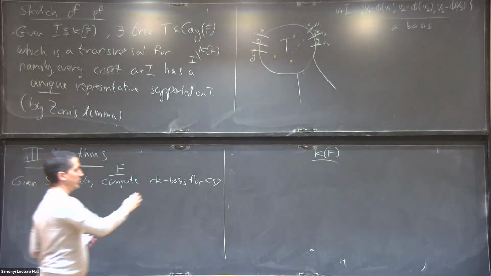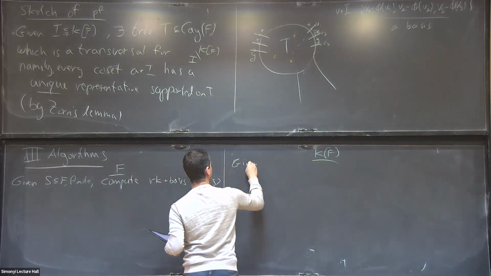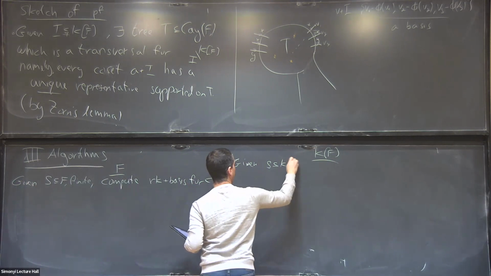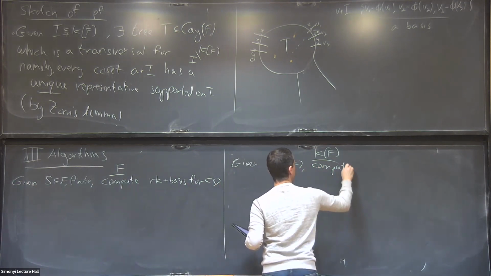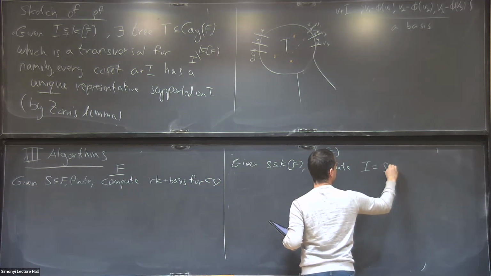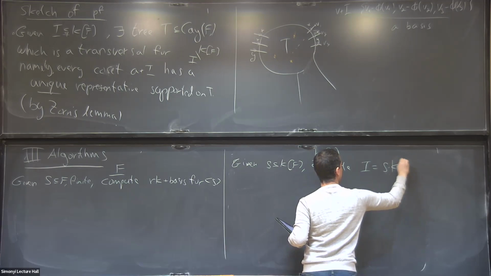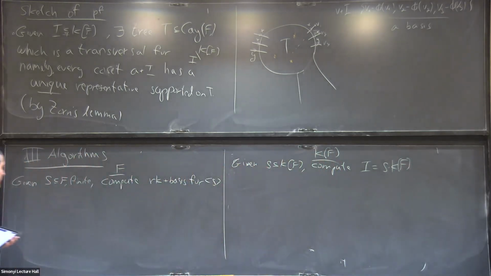And the analog here would be, again, given a subset of the group algebra, compute the ideal which is generated by this subset.